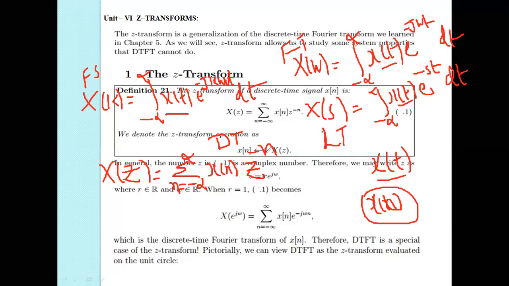This is the transformation definition: the sum over n equal to minus infinity to infinity of x of n z power minus n. It converts a time domain signal, that too a discrete time signal, to the frequency domain signal X of z, nothing but digital or discrete, and these others are the analogs.